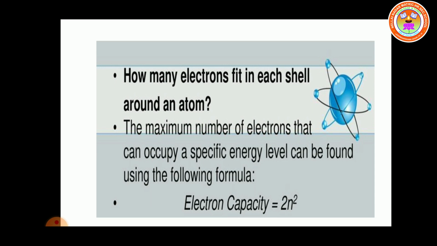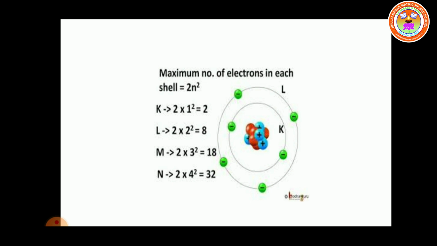Students, we know electrons revolving around a nucleus in a circular path is called an orbit. And how many electrons fit in each orbit? We can use the 2n square formula to find the maximum number of electrons in each orbit. N denotes the number of the orbit.